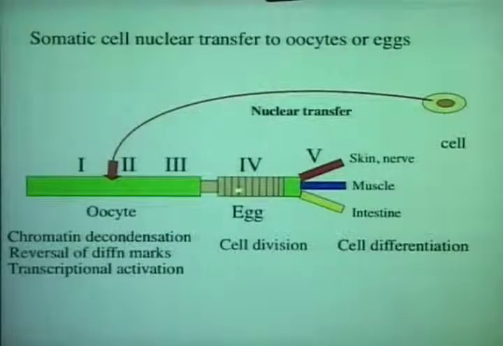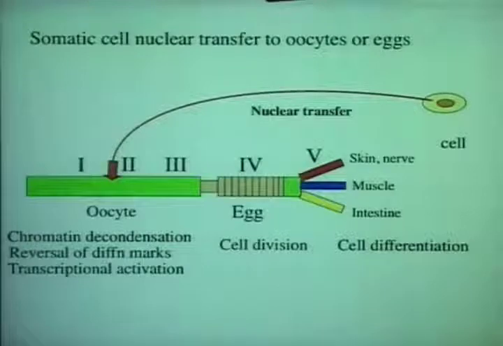The egg then divides, and eventually you get the embryo cells departing in different directions of cell differentiation. So sperm would normally enter at this point and would need to be reprogrammed before it can enter the further steps of cell differentiation, and the oocyte nucleus is already being reprogrammed at that point.